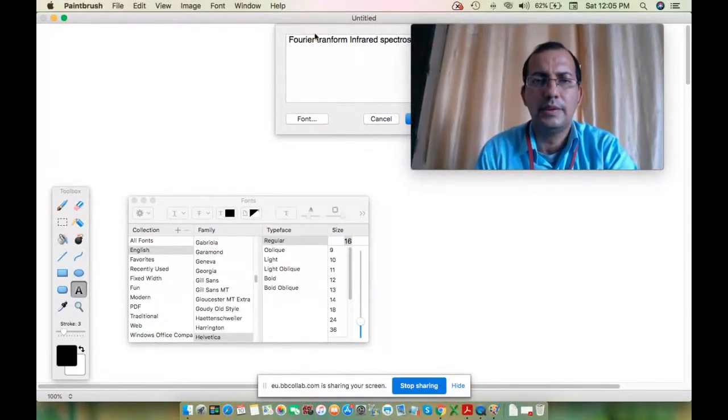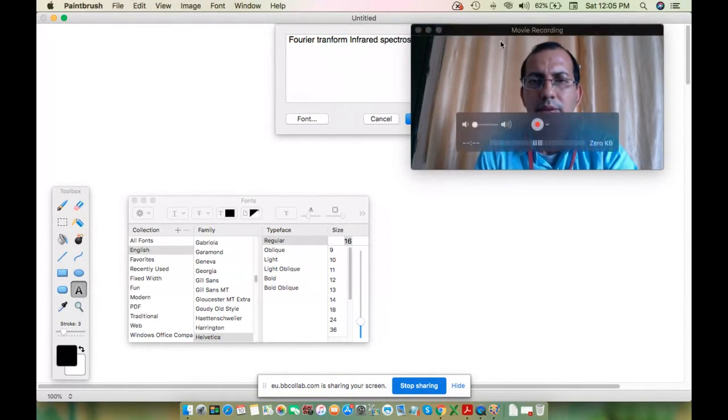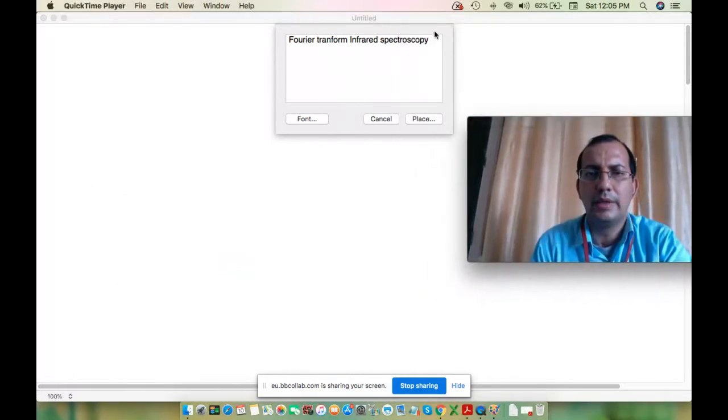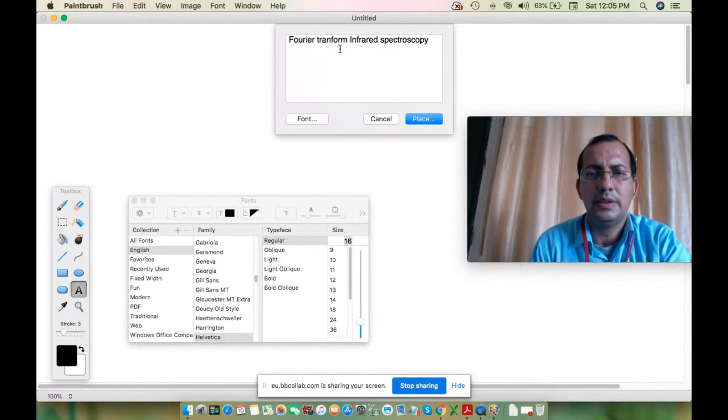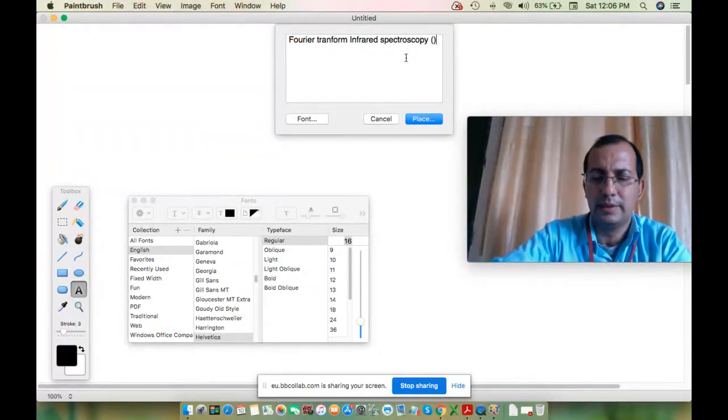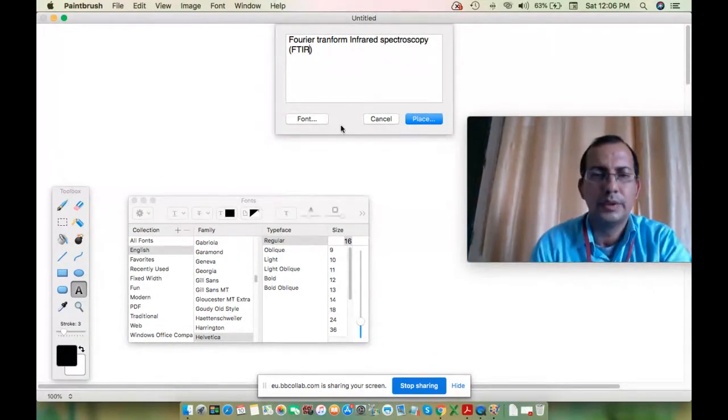This is the thing which we are coming across, and if you would like to have knowledge of this FTIR, in short we will write it as FTIR. Okay, so Fourier transform infrared spectroscopy. Let me make it a bit bigger.